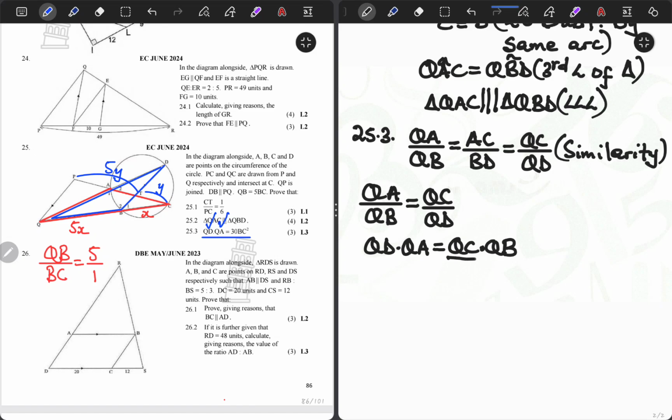So we need to find a way to substitute this. Let's see. QC and QB.